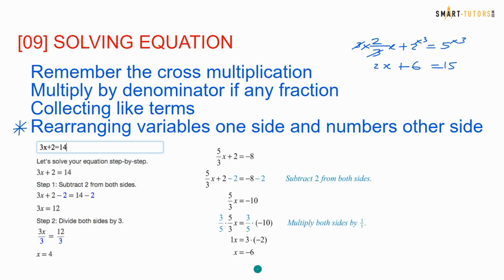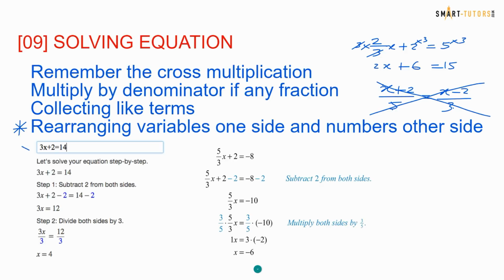Remember the cross multiplication. Sometimes you come across x plus 2 over 5 equals x minus 2 over 3. For this type of question you cross multiply. That means 3 multiplies the x plus 2, 5 multiplies the x minus 2. Expand the brackets on both sides and continue to solve the question.